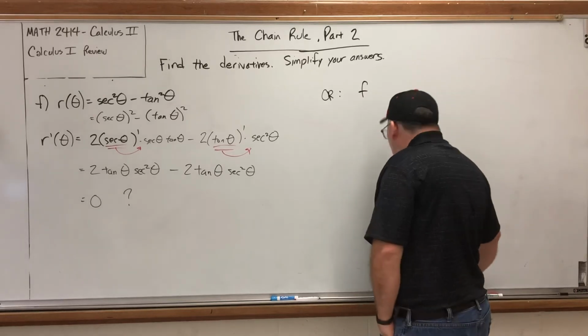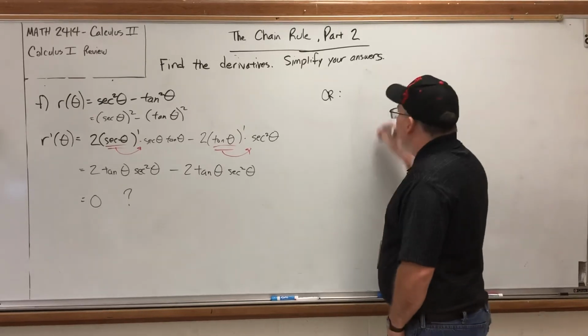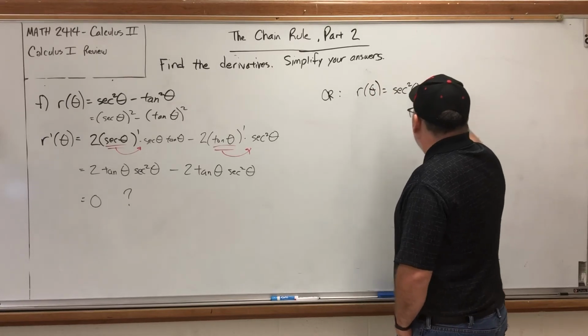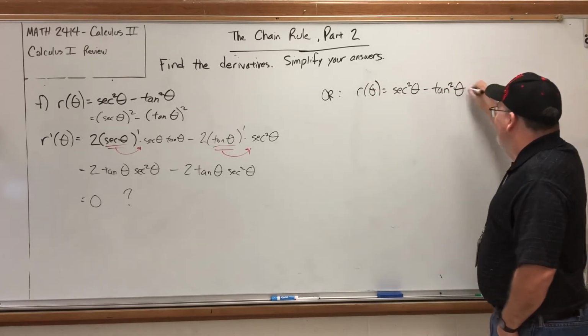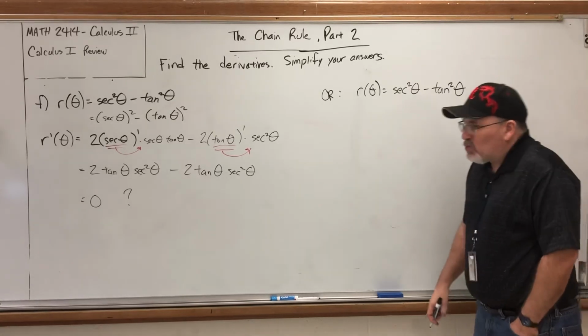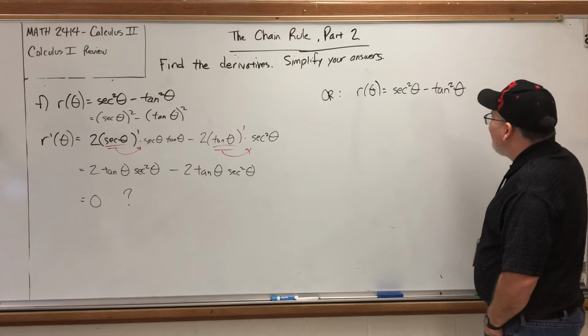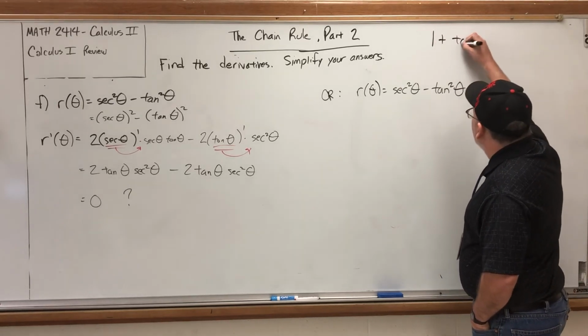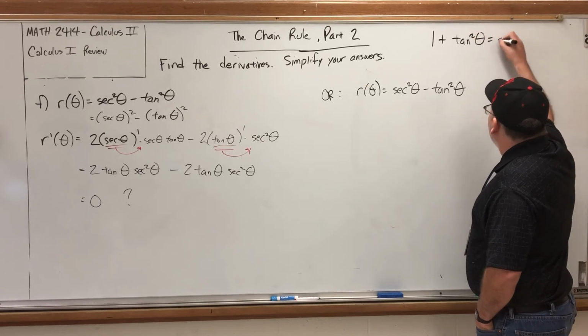It's not F, it's R. You might have said, wait a second, secant squared theta minus tangent squared theta, isn't that some sort of Pythagorean identity? And the answer is sort of and yes. Because as a Pythagorean identity, it's usually written as 1 plus tangent squared theta is equal to secant squared theta.